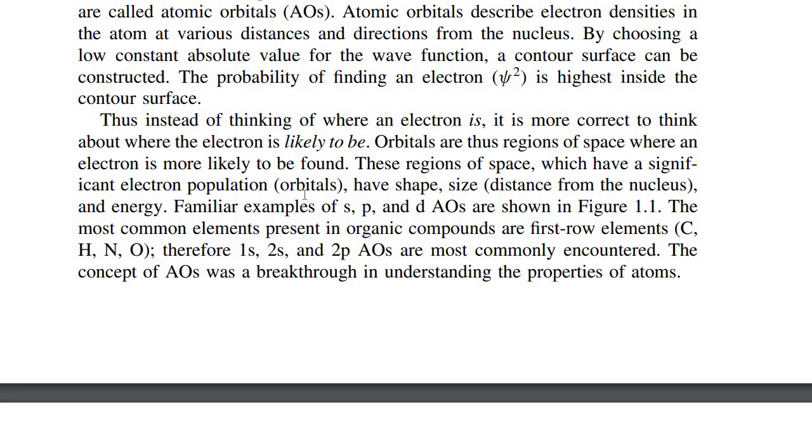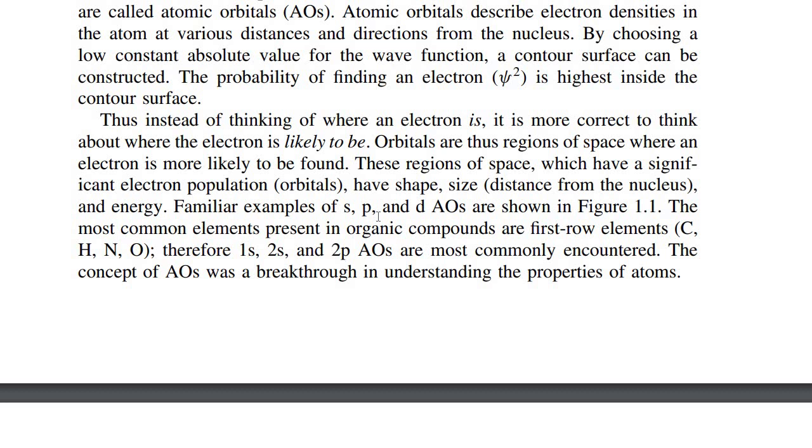Orbitals are the regions of space where an electron is most likely to be found. These regions of space, which have significant electron population, have shape, size, distance from the nucleus, and energy.